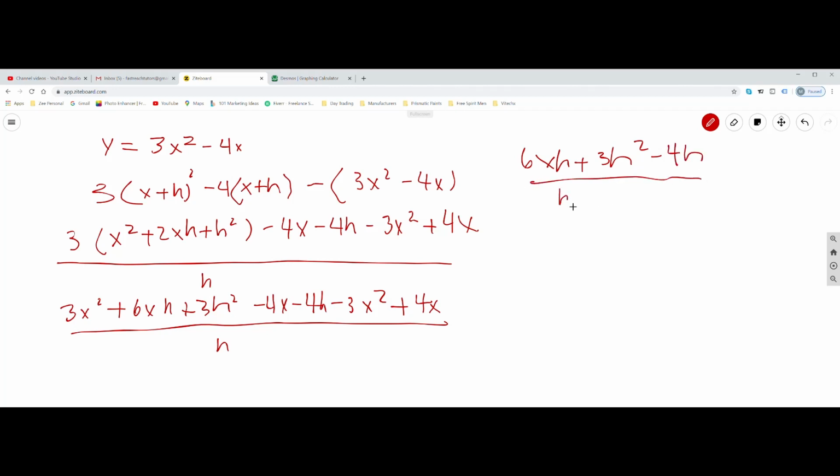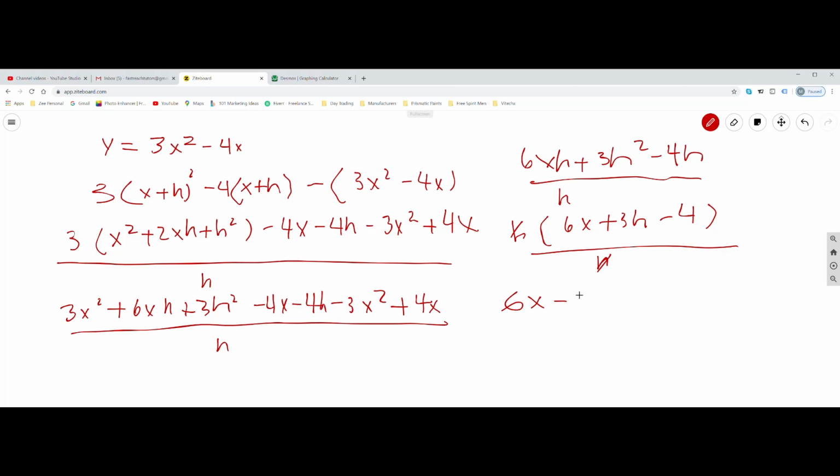Now we're going to remove the h: 6x plus 3h minus 4. Since we know that the slope is supposed to be 8, we can set this equation and substitute h as 0.